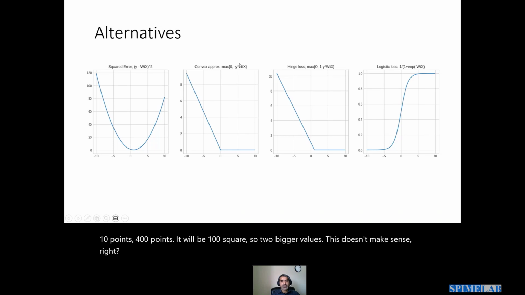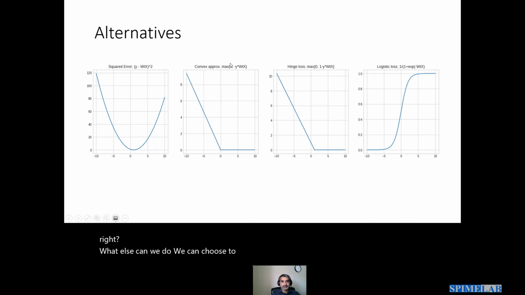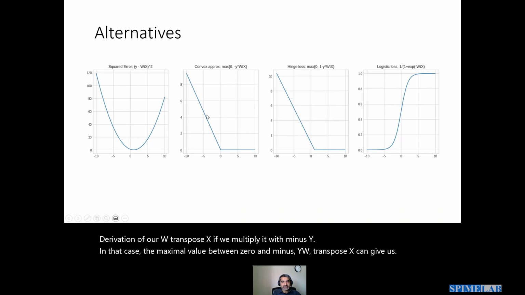What else can we do? We can choose to have an intuitive derivation of our W transpose X. If we multiply it with minus Y, in that case, the maximum between 0 and minus Y W transpose X can give us a convex function.